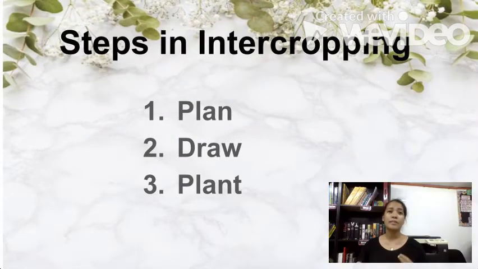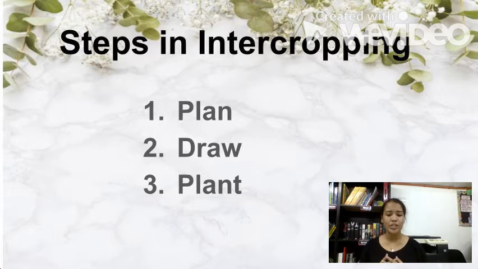Next, let's proceed to the steps in intercropping. There are steps that you need to follow in doing intercropping. Of course, first step, you need to plan, right? Research the perfect combination of plants to raise. You research or you ask someone who knows how to do this. Next, draw.